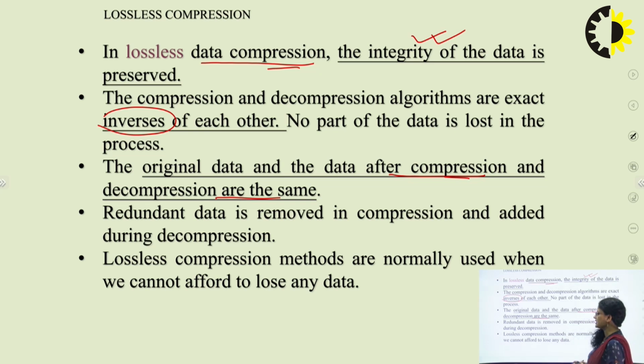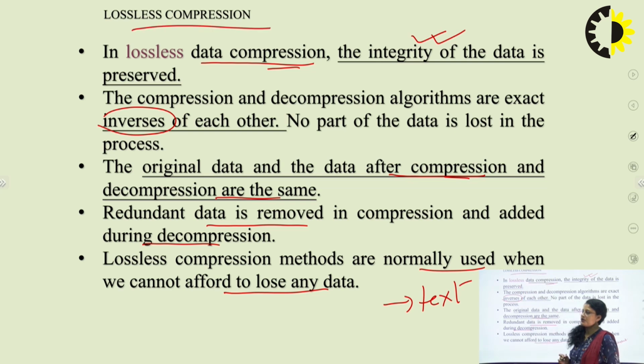They should be the same, basically. The redundant data that is removed in compression is added back during decompression. Lossless methods are normally used for situations where we cannot afford to lose any data, for example, data which are text or programs.